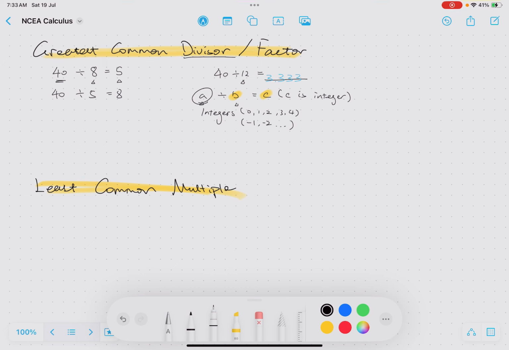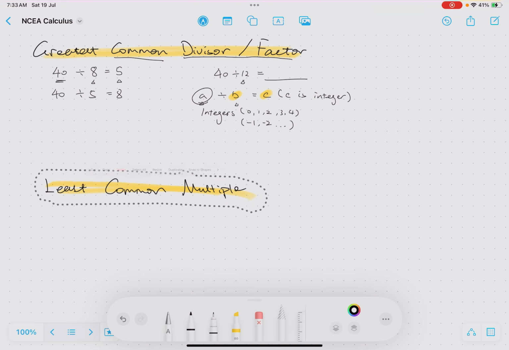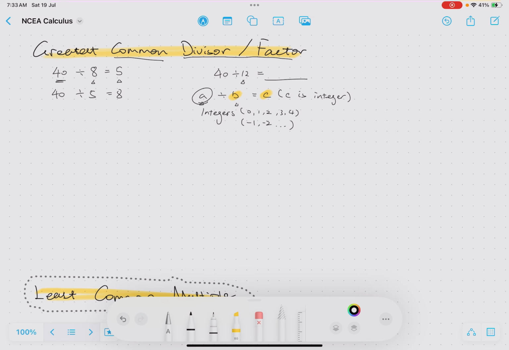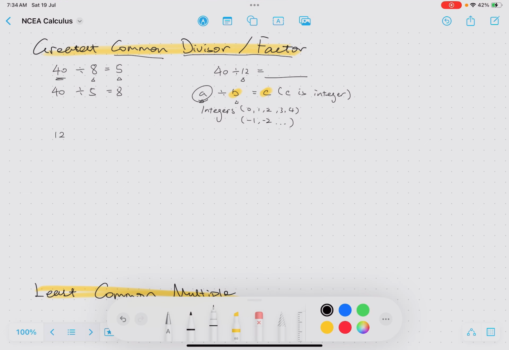Now that we understand the idea of divisor and factor, let's look at what a common divisor and factor is. If you think about common, it means something that everyone has. So when it comes to a common divisor or factor, it really involves two or more numbers. Let's say I have 12 and 15. The first thing we can do is list out all the factors. Everything will have 1 and the number itself as a divisor.